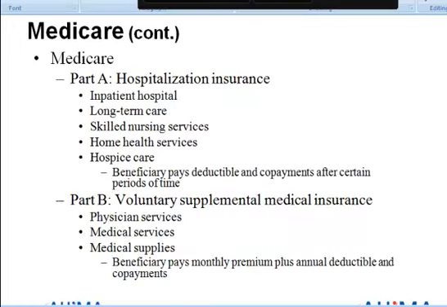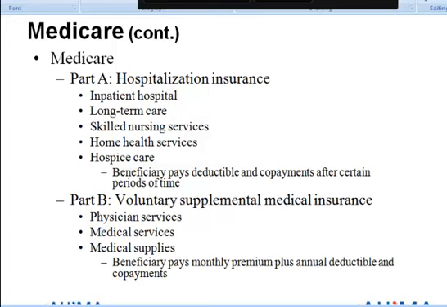Medicare Part A is basically our hospital insurance. It covers inpatient hospital stays. It is provided with no premiums to most beneficiaries. Most services are covered under this benefit. They do have a yearly deductible and co-payment that must be paid by the beneficiary.